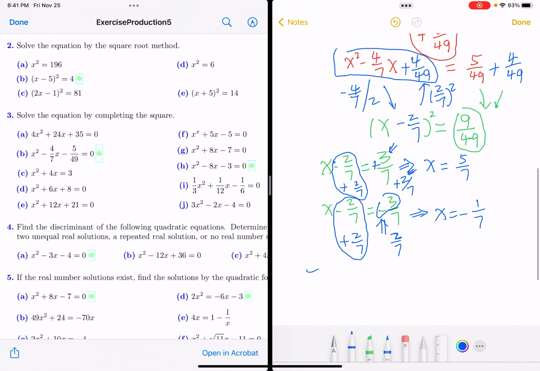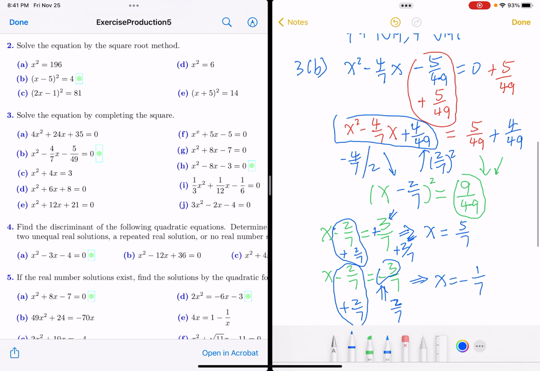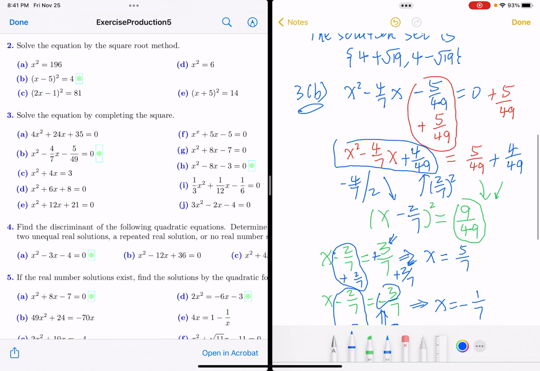So what's the solution set? The solution set is negative 1 over 7, and then 5 over 7. Okay, that will be the solution for 3b.